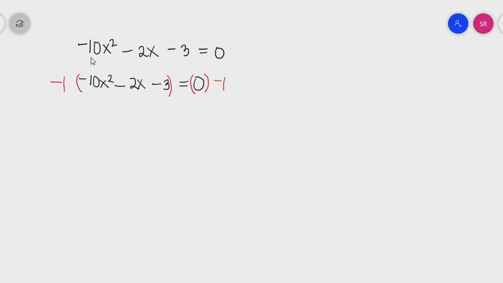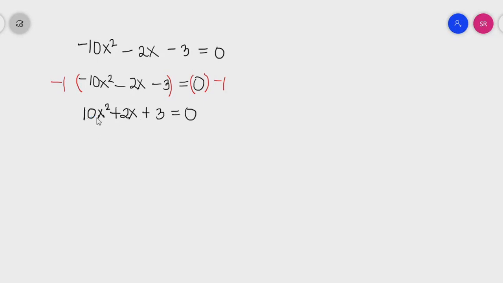So, what we will do now is to multiply negative 1 to every term in our quadratic equation. So, this will now become positive 10x squared, and then negative 1 times negative 2, that becomes positive 2x, and then positive 3 equals 0 pa rin.